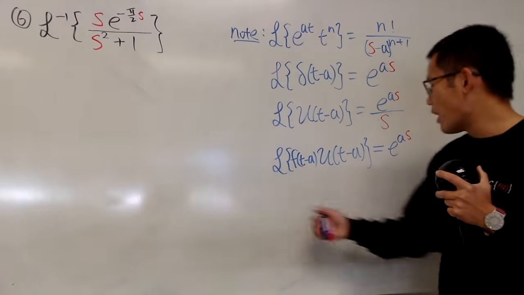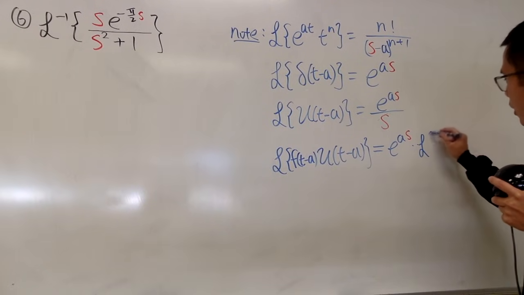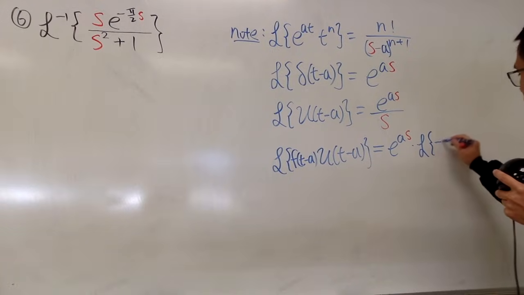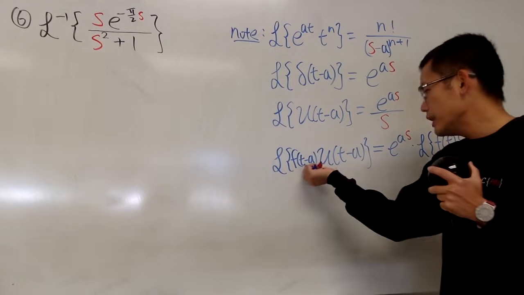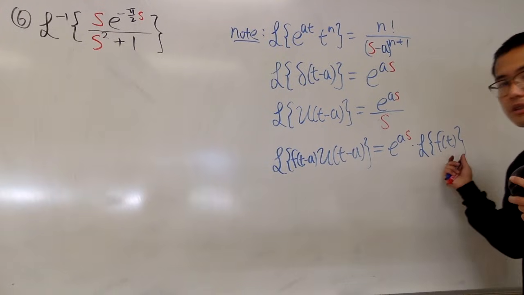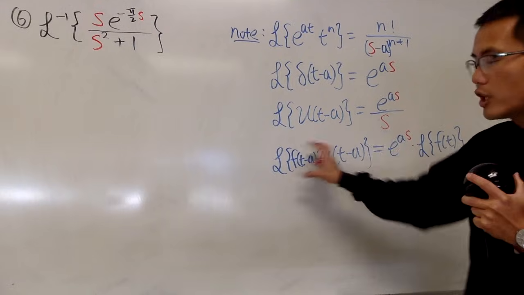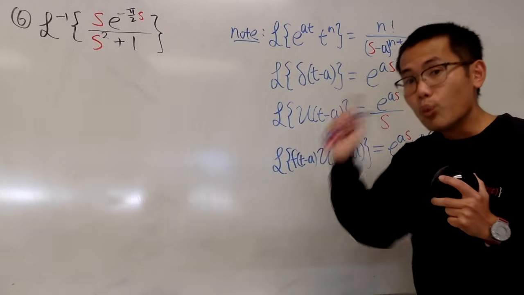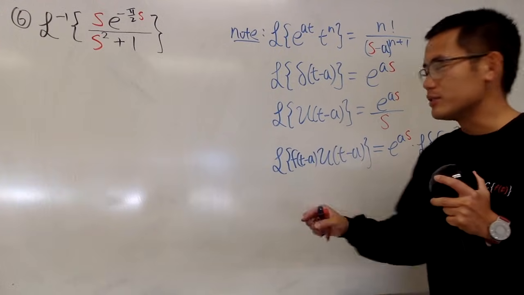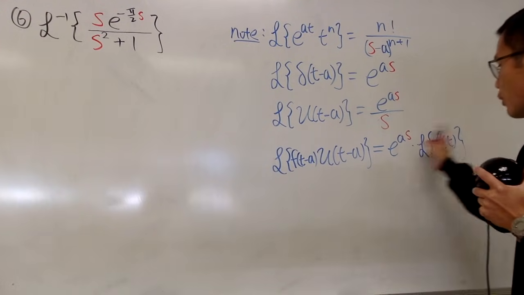But you just multiply by the Laplace transform of f of t, right? If the inputs match, this is just f of t. And this right here is the general case. You just take f to be 1, and the Laplace of 1 is just 1 over s, right? All right, so this is the one that we have to focus on.